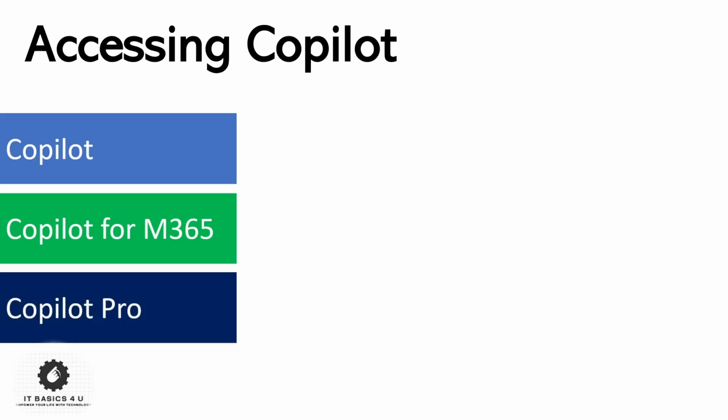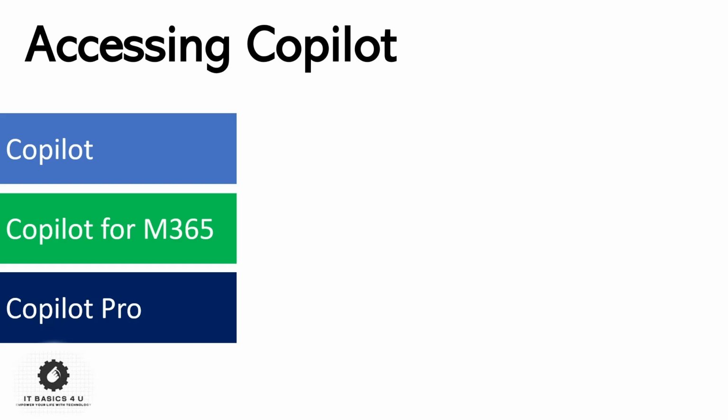On the other hand, Copilot Pro is also blended with Microsoft 365, but it is specifically designed and available for Microsoft 365 Personal or Family accounts, as it can't be bought as a standalone AI tool. It is available along with the Personal or Family account of Microsoft 365.